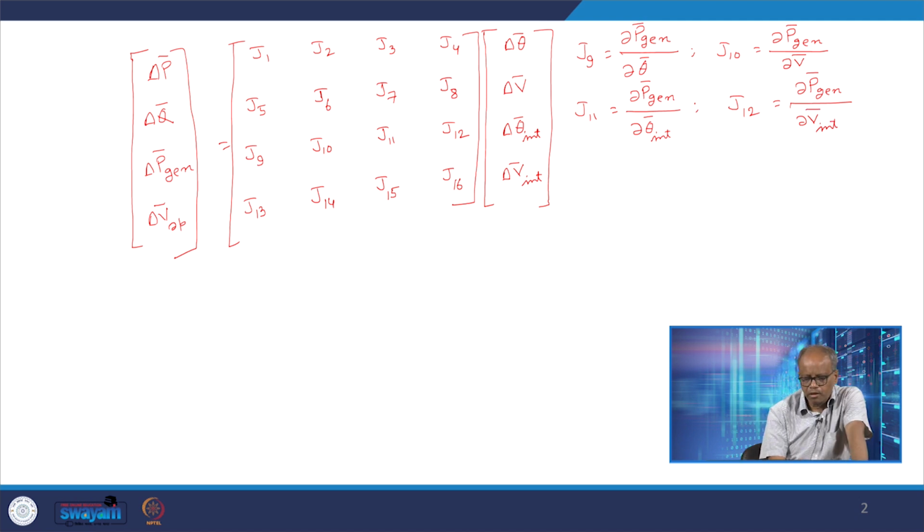Of course, we have already looked into the vectors theta, V, theta int and V int, so we are not going to repeat it.